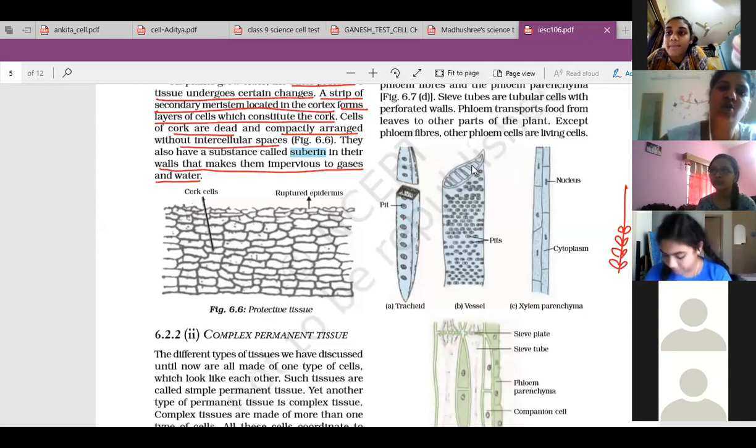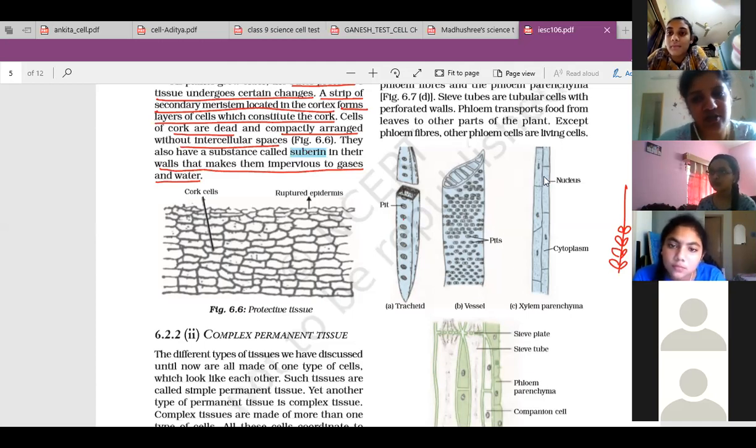Therefore, water will move from higher pressure to lower pressure. So transpiration itself helps in the upward movement of water, through the pipeline which we call xylem. And xylem's function is conduction of water with the help of tracheids and vessels. These are the main components which perform this function.